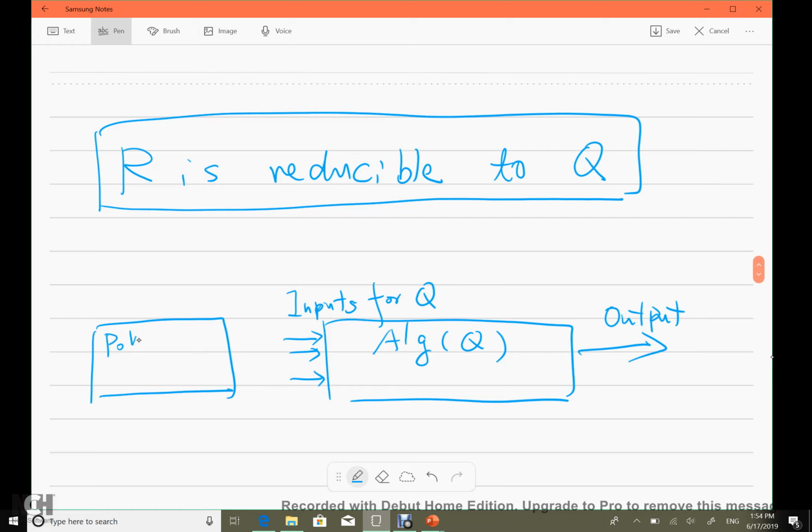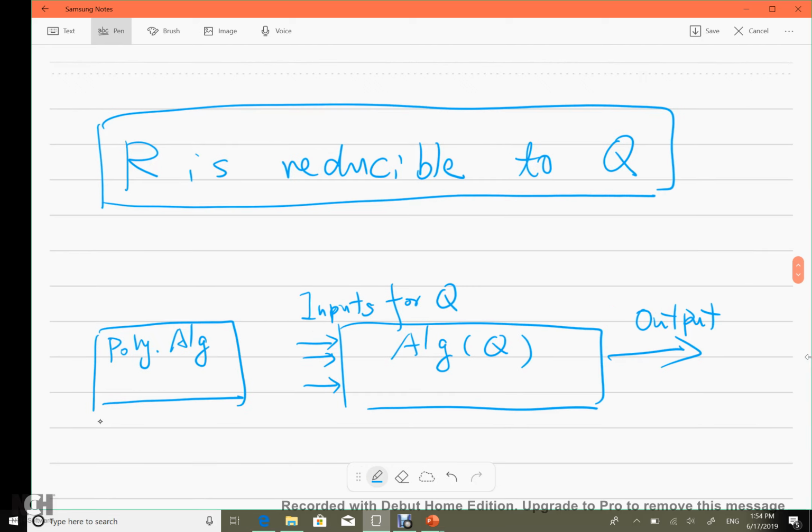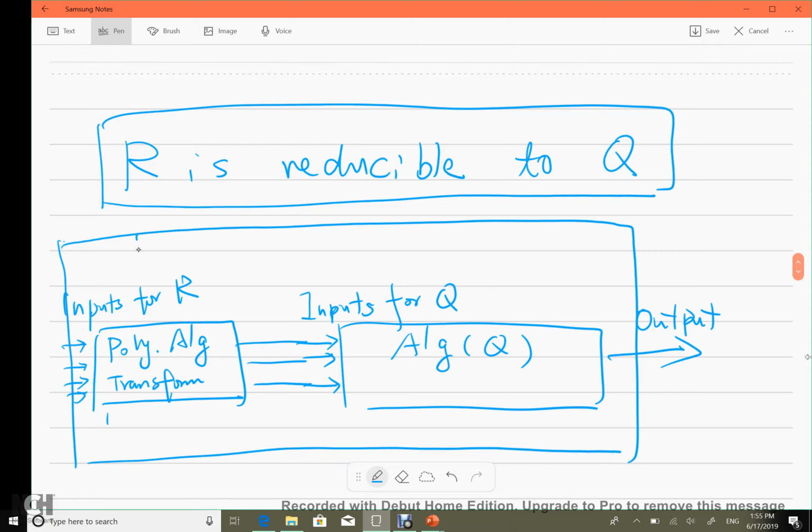This polynomial algorithm can transfer the inputs for R to inputs of Q. If we can find this polynomial algorithm, then in that case, we put them together. This is what gives us the solution for R.